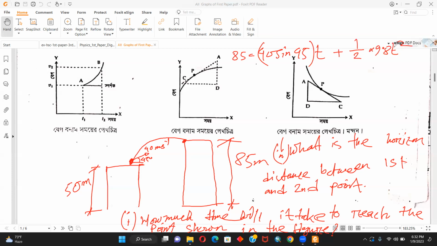Is it correct? I cannot tell you. You tell me the complete answer, then I will say if it's correct or not. You have to be confident. I then calculated 40 sine 45 to be 28.28 t plus 4.9 t squared.